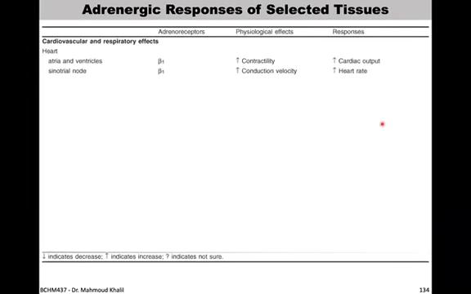So let's here summarize the response of some selected tissues, the organ and the physiological effect, and the response as well, and the type of the receptor involved in this mechanism.